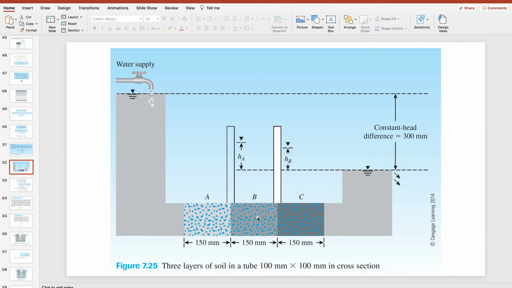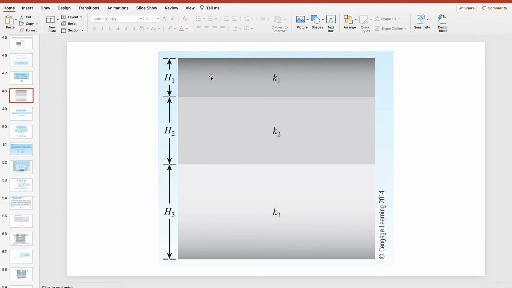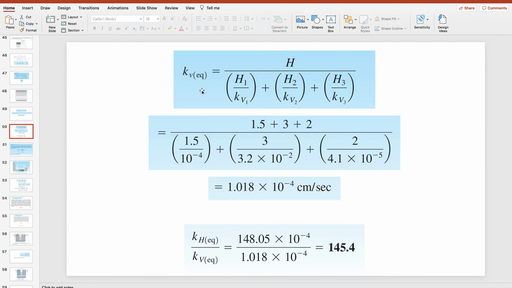So for this one, what will we use, do you think it is horizontal or the vertical? For the horizontal, there is only one medium; the flow is in one direction. But if it will pass 3 media, then, therefore, we are going to use the vertical hydraulic conductivity.